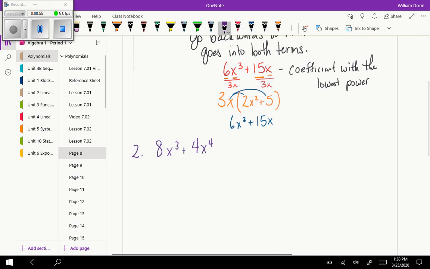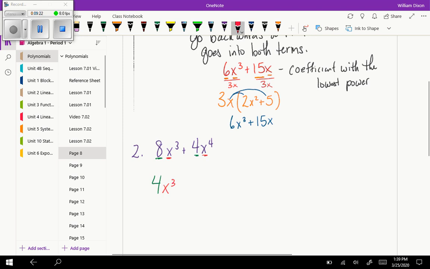So here we go. You should know that the greatest common factor between 8 and 4 is 4. And then the lowest power for that variable is x to the third. So I have x to the third, x to the fourth. So I'm going to pull out x to the third.